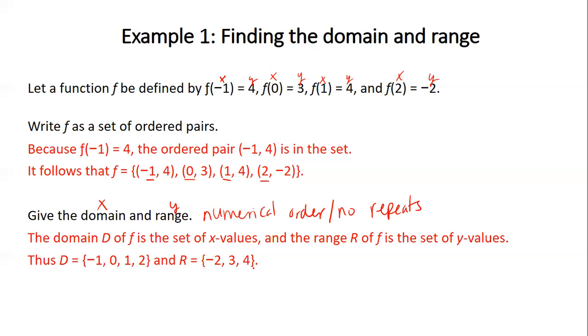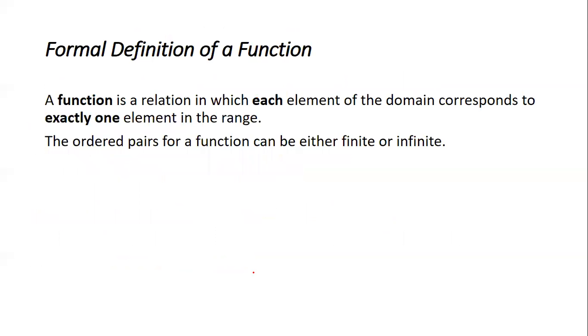My range did, but how many times did I write the 4? Once. Okay. The main times that you would write repeating values in a set is in a statistics class. FYI. Do you feel comfortable going from function notation of an ordered pair and stating the domain and range of the ordered pair? Cool.